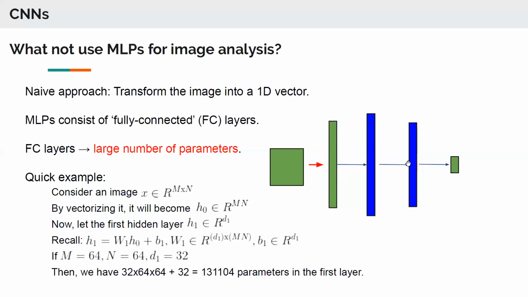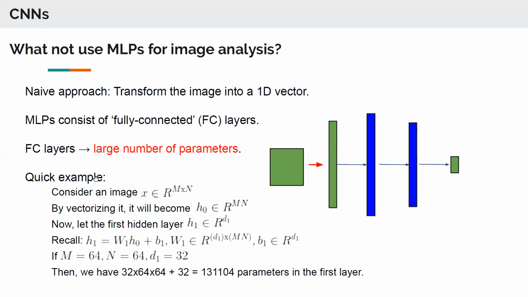One problem with this approach is that we would end up having to use fully connected layers, and these have a lot of parameters because each element of the input is connected to every element of the output. So all these have different weights, and then the second one is again connected to all of them with different weights, and so on. And then the same for the next layers.